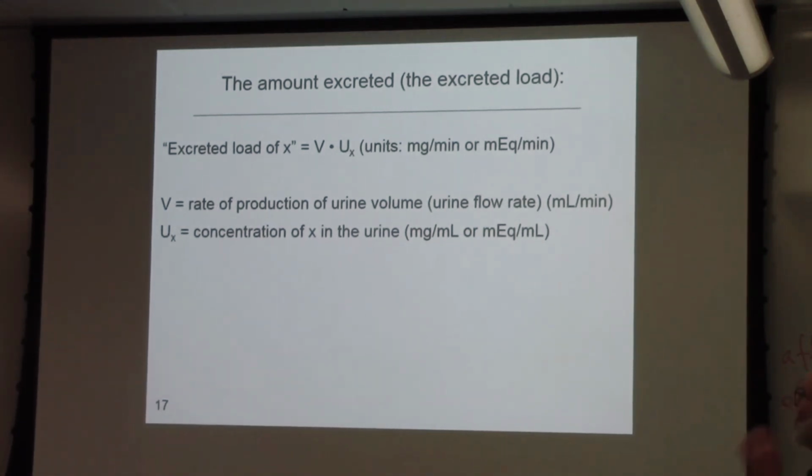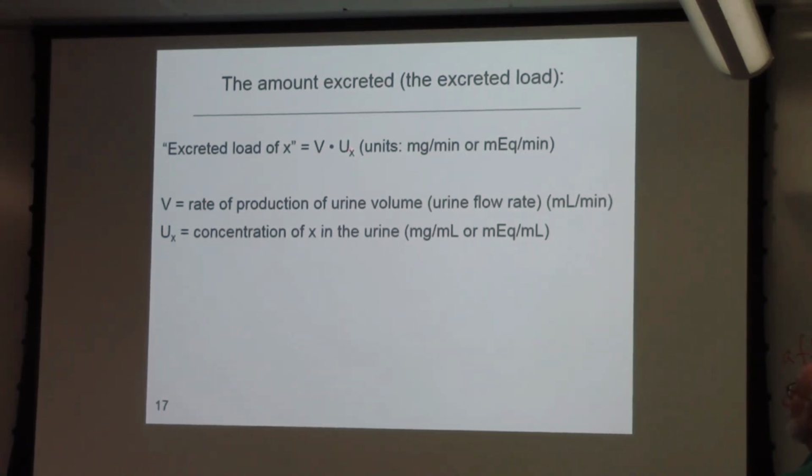So now we have to work up some new jargon. The excreted load of something, X, where X just means something, is the amount of urine that is made per minute, times the concentration of X in the urine. This is a flow term, not a volume term. It should be V dot. It's a flow term, mils per minute of urine.